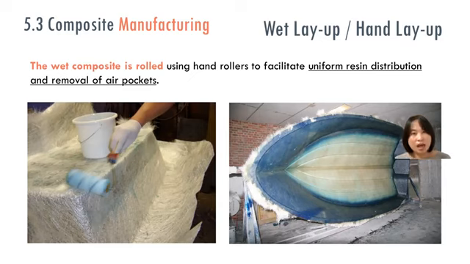Okay, so this hand roller helps distribute resin or matrix and remove air bubbles. That's why this technique we call hand layup or wet layup, the easiest technique to make composite. And on the right hand side is an example of a boat body from the hand layup technique.